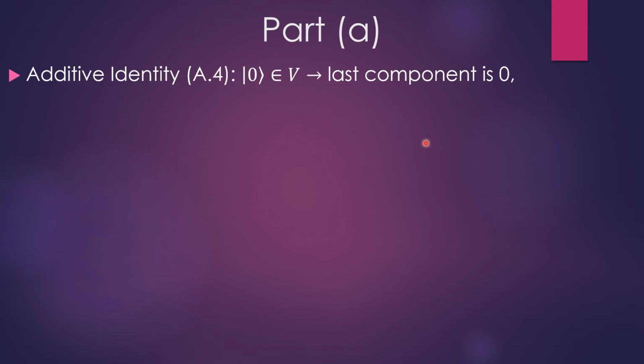So here, we're going to try creating what's called the null vector or the 0 vector. We should take note that this 0 vector, which has all components equal to 0, is indeed a vector in the space because the last component is 0, and that's really all we need to check for. Now let's see if we actually return the vector if we add it to this 0 vector element.